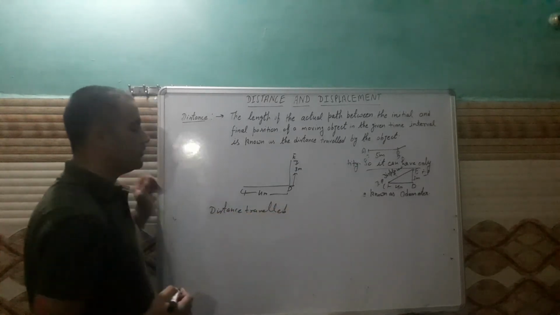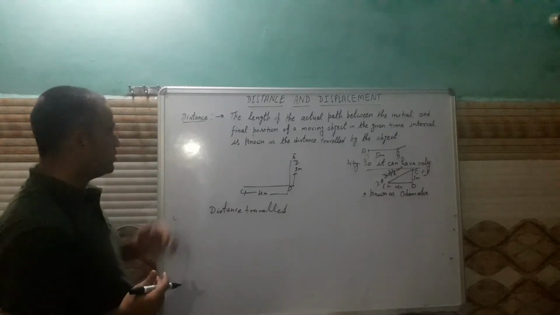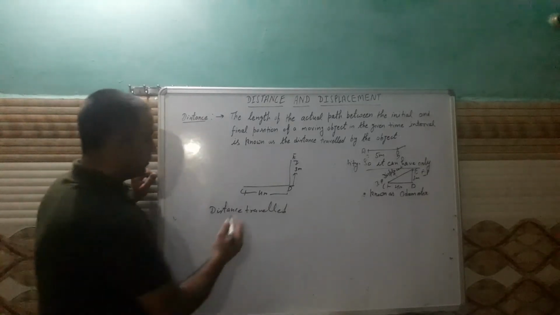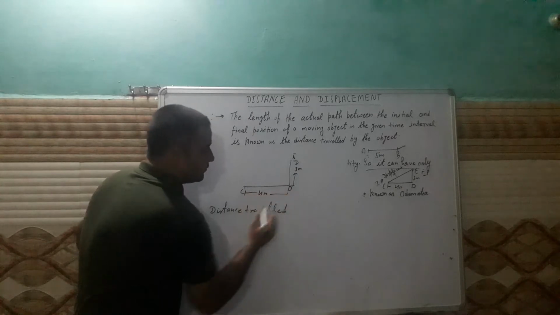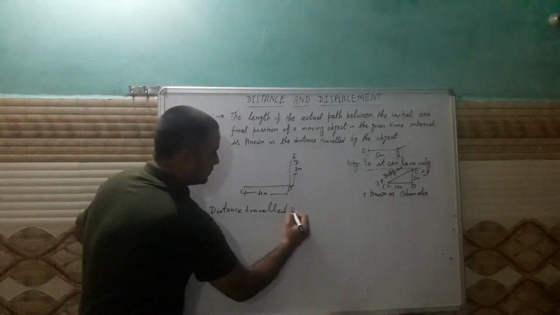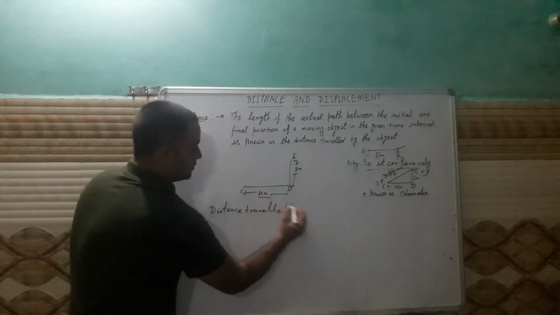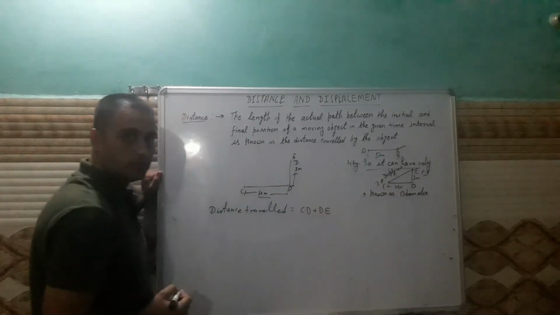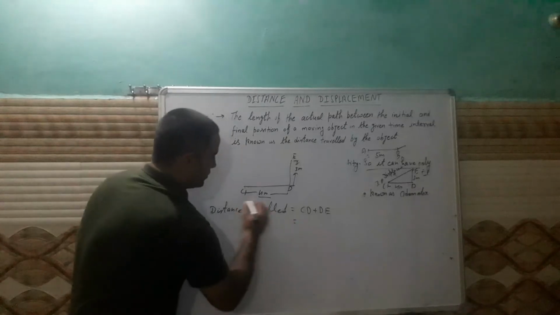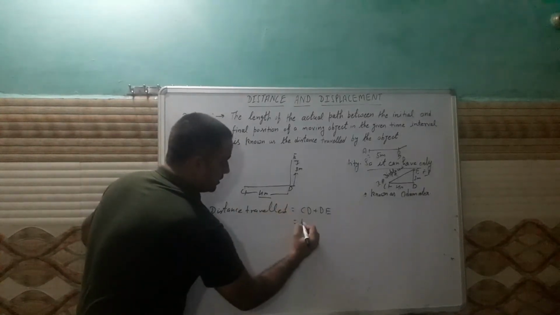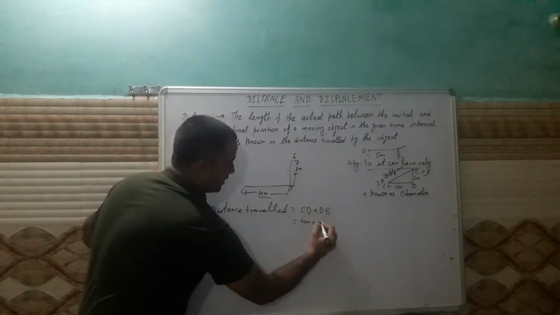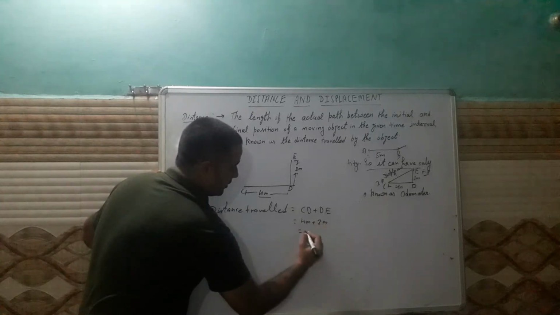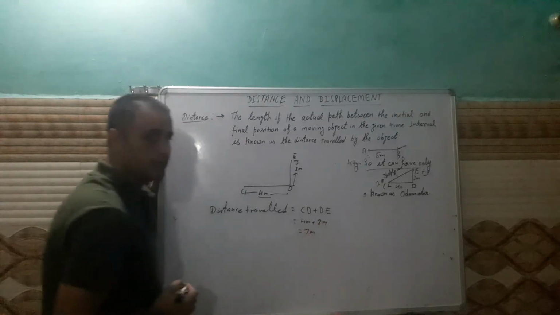According to the definition, distance travelled is the length of the actual path, so it is CD plus DE, that is 4 meter plus 3 meter, which is 7 meter.